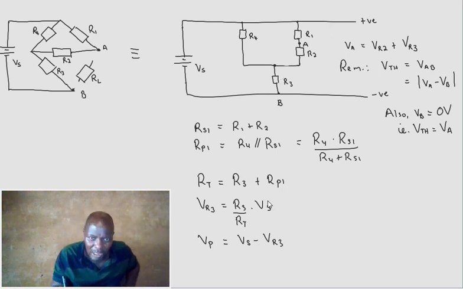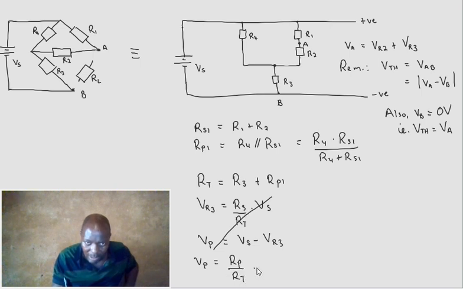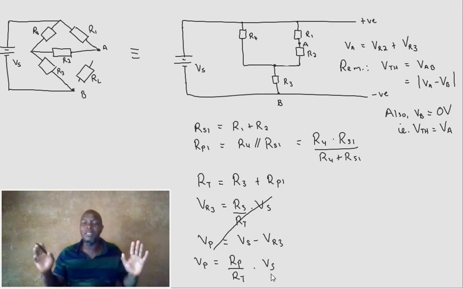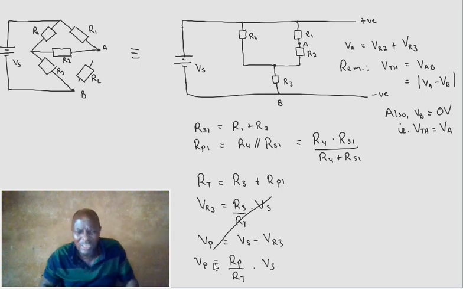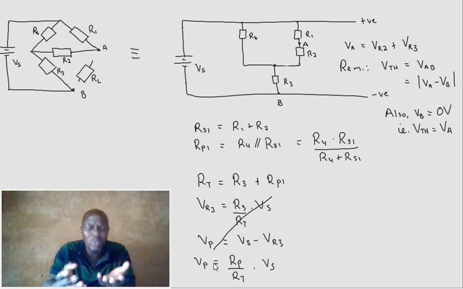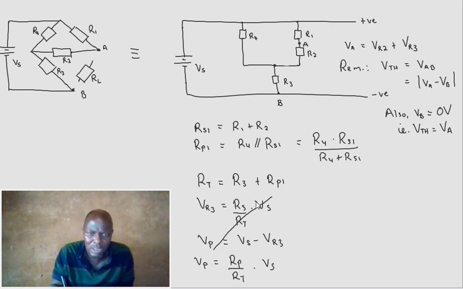But for me, it was cleverer and quicker to simply say V parallel is equal to R parallel over R total times V supply. We would have done this calculation once, and we would have had our V parallel straight up. We wouldn't have had to do two calculations like this. That's why I was saying, let me not fuss about VR3. But you can do it; it's only going to be a longer run because you need two calculations.